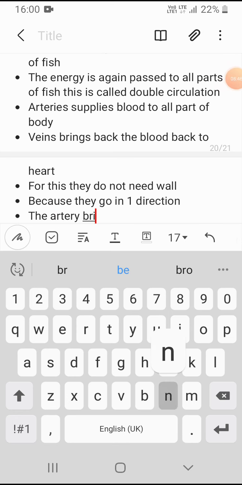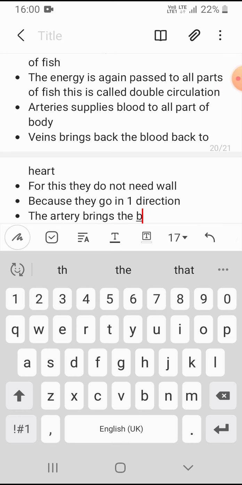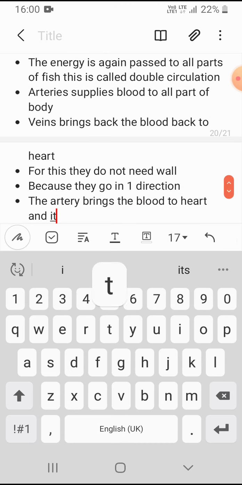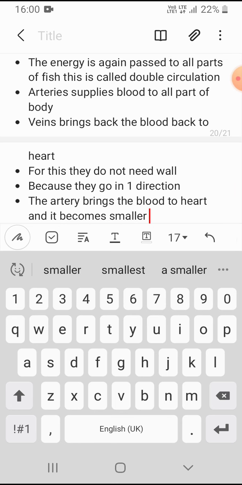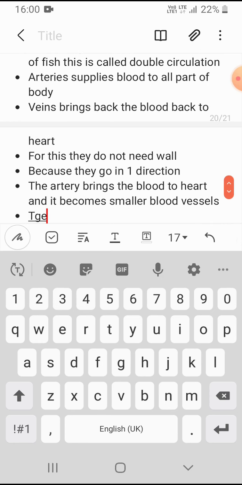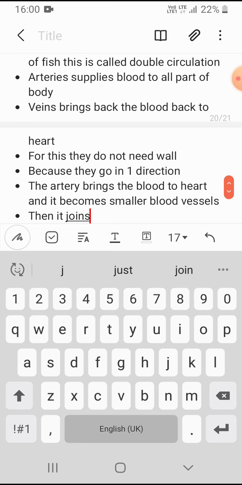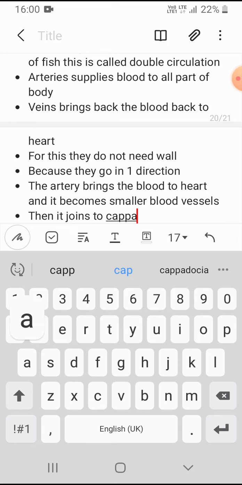The artery brings the blood and it becomes smaller blood vessels. When it becomes smaller blood vessels, it joins into capillaries.